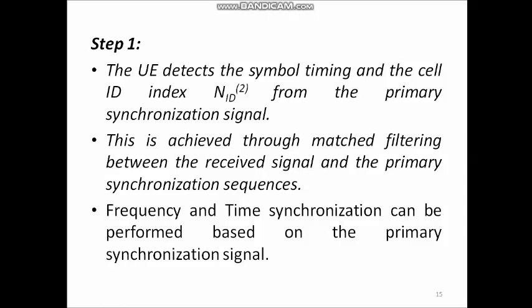This is achieved through match filtering between the received signal and the primary synchronization sequences. There are 3 orthogonal sequences defined for the primary synchronization signal. The cell ID index NID2 can be detected by identifying the received sequence, and frequency and timing synchronization can be performed based on the primary synchronization signal. Here OFDM symbol timing can be detected.